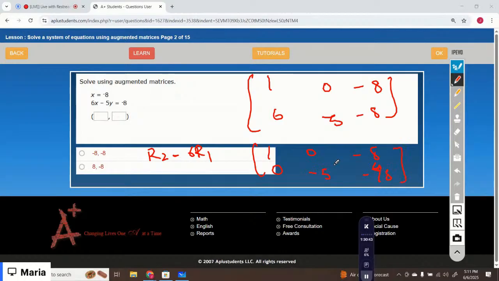We need to make 1 over here. Now we need to multiply R2 by -1/5, that is 1, 0, -8, 0, 1, and 8.